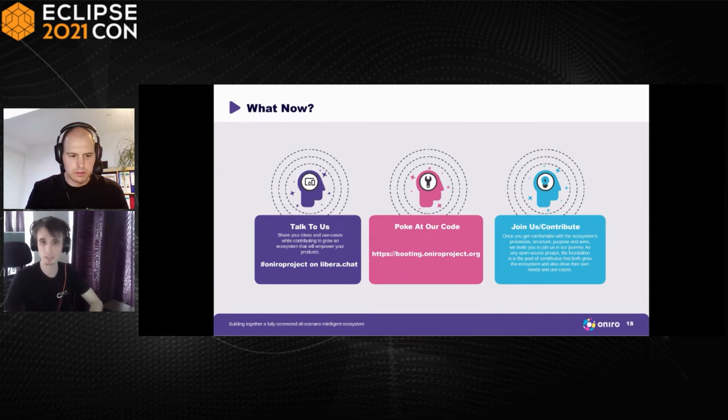We have a GitLab instance at booting.oniroproject.org. Get accustomed with the build structure, with the code, with the repositories that we have there. And once you have a connection with us and you're comfortable with the build infrastructure and the code generally, join us and contribute. Make your use case part of the platform. Make the platform address your use cases.